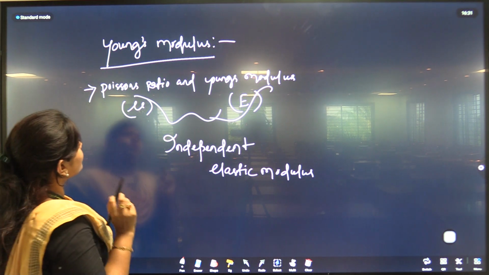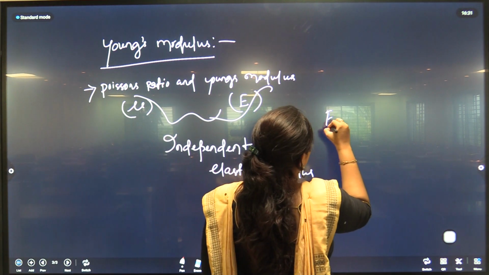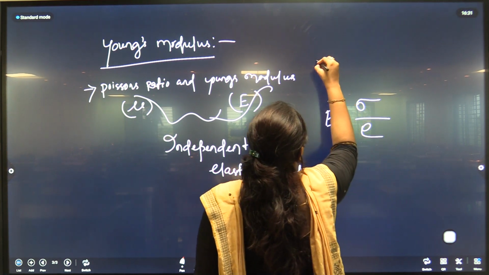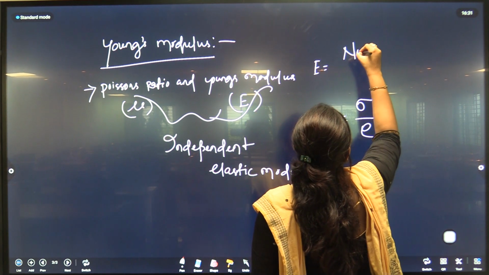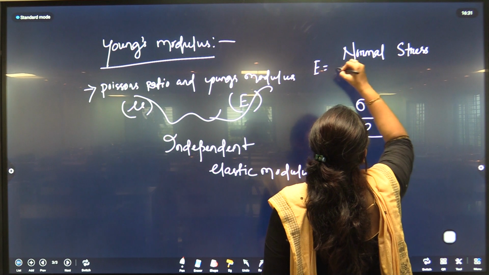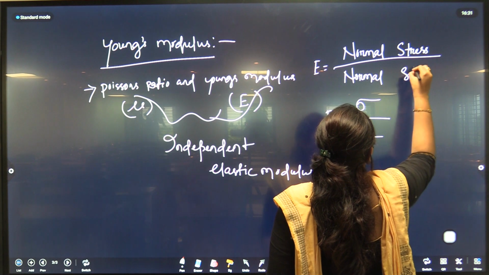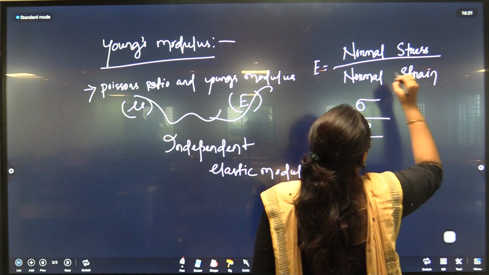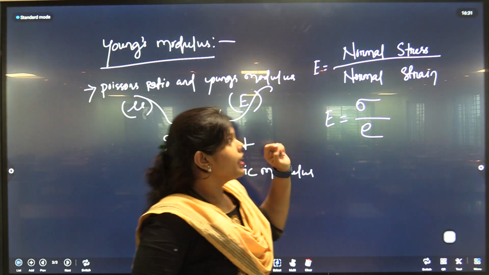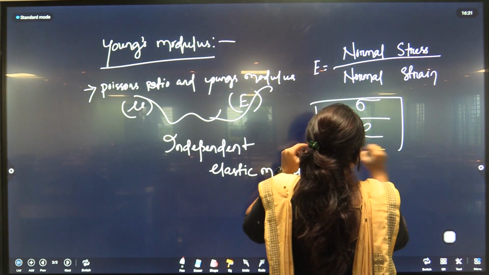The formula for Young's modulus is stress by strain, that is, normal stress divided by normal strain. Normal stress is denoted by sigma, normal strain by small e, and Young's modulus by capital E. We have to remember all these terms.